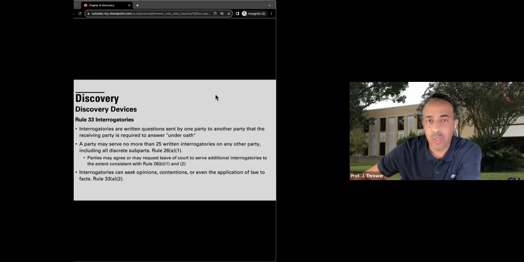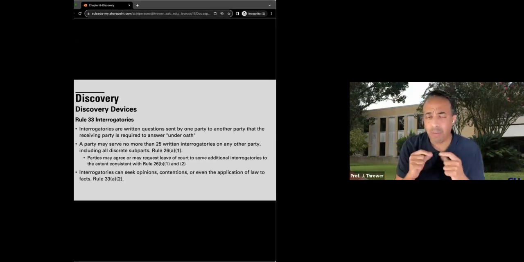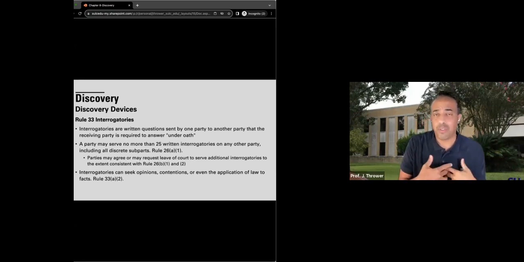Now, an interrogatory, when propounded to an opposing party, may seek an opinion, they may seek contentions that the other party may have, and they even may request the application of law to facts. And so oftentimes questions or interrogatories are asked in a particular way that suggests that the requesting party provides this specific information that's outlined in the questions.